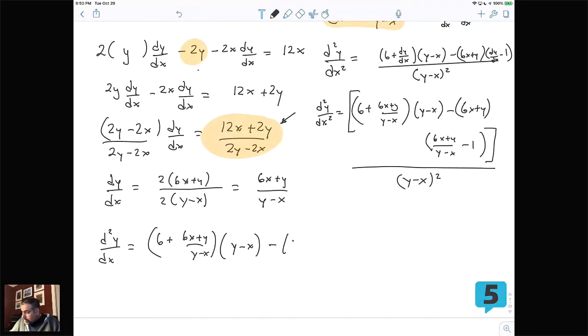Minus 6x plus y is the next factor. 6x plus y over y minus x minus 1 is the next factor. And now, because this all has a denominator, I prefer to write it off to the side as 1 over y minus x quantity squared.